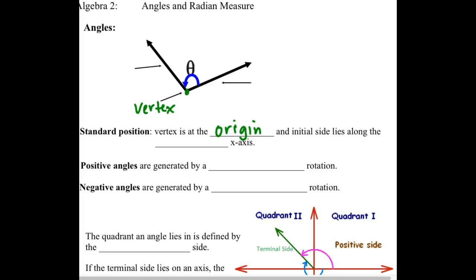The initial side lies along the positive x-axis. So this would be the initial side. This piece up here, the second ray, is called the terminal side.